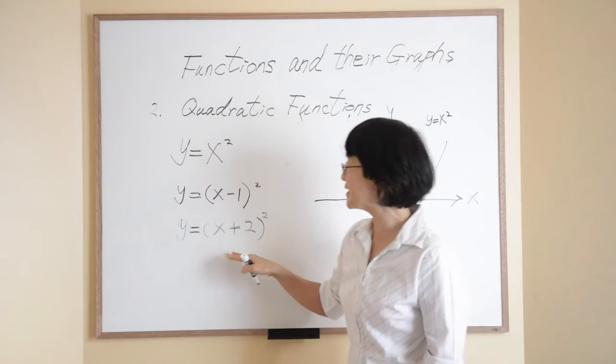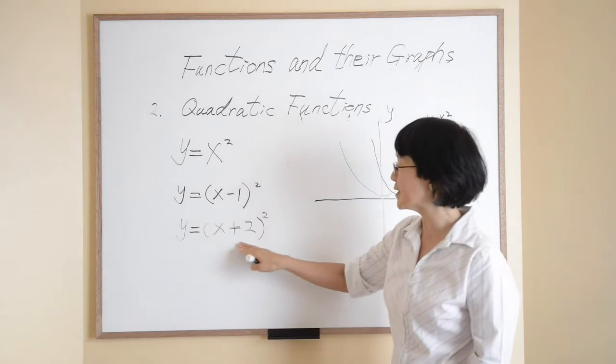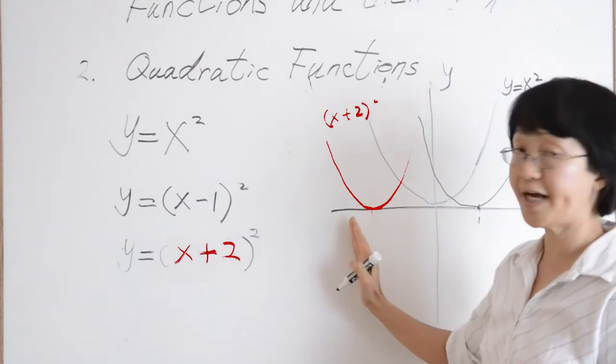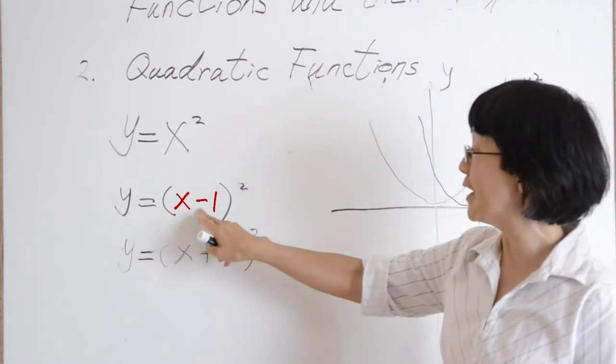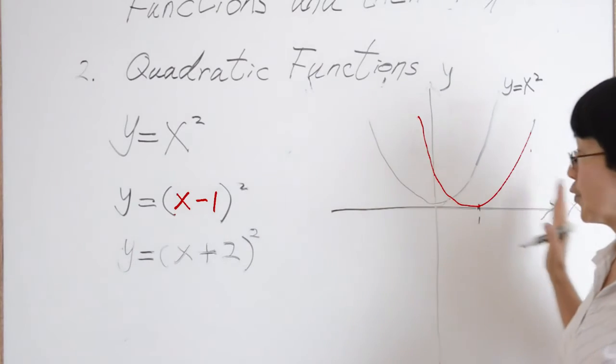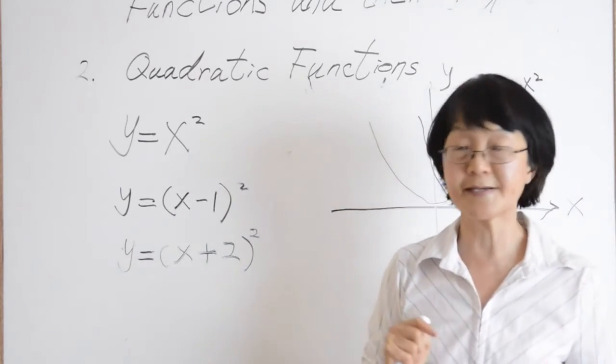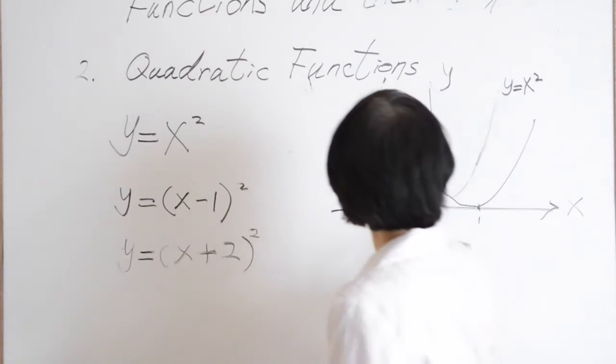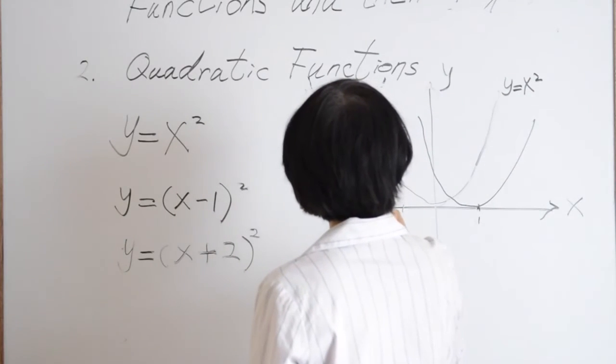Now, I have the next example here: y = (x + 2) squared. Whenever it's a plus, you move left. Whenever it's a minus, you move right. Can you remember that? So this one is telling me to move left 2 units: 1, 2.